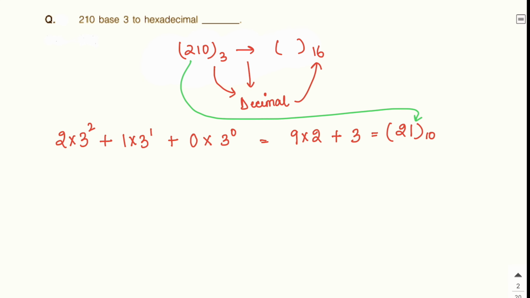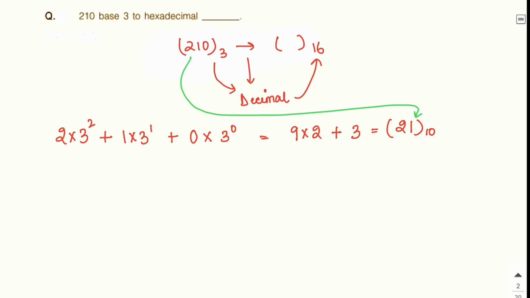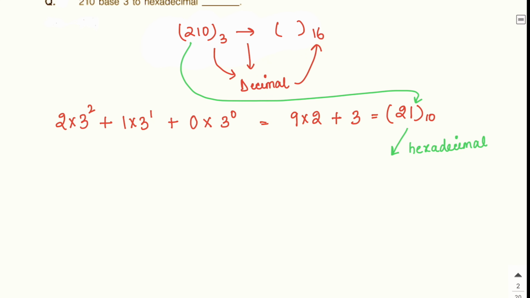So the next thing left is that we need to convert this decimal number to hexadecimal. And to do this, we know that to convert any number from decimal to another base, we need to divide that number with that base. So what we do is we divide 21 with the base for hexadecimal, that is 16. Now we know 16 ones are 16, 21 minus 16 is 5, so you have 5 as the remainder.